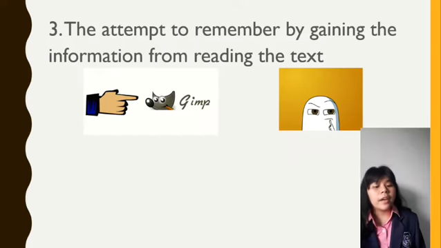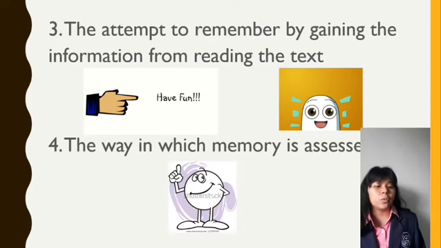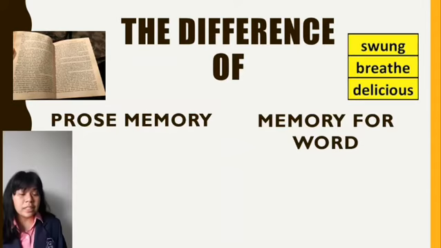The third is the kinds of information and events that intervene between the initial reading of the text and when remembering is attempted. And the fourth factor is the way in which memory is assessed: through recall, short answer, multiple choice, or true-false tests.